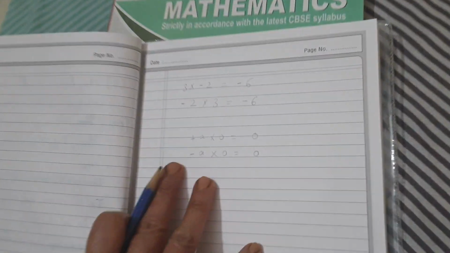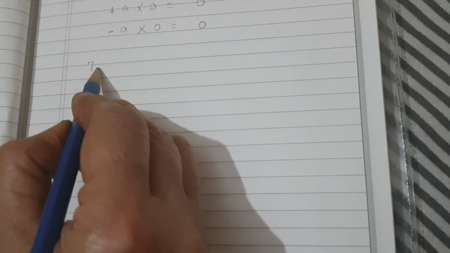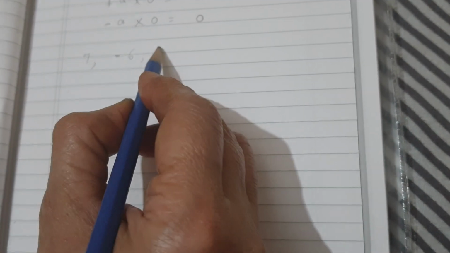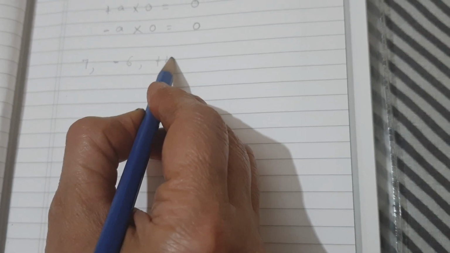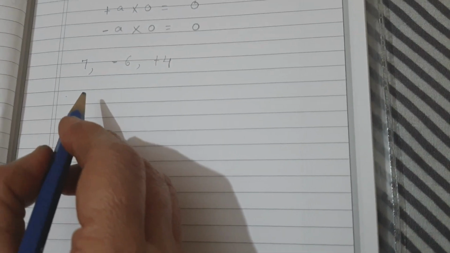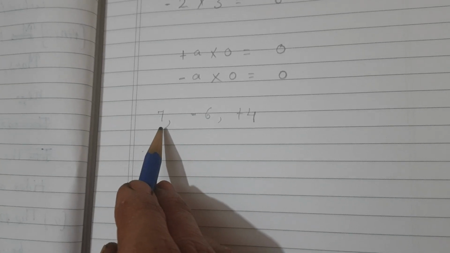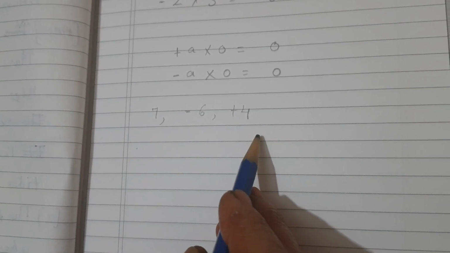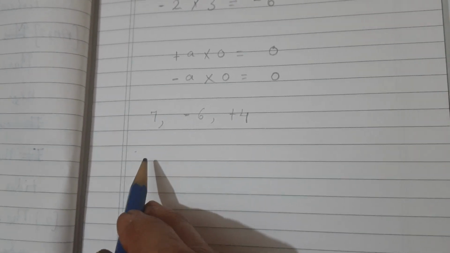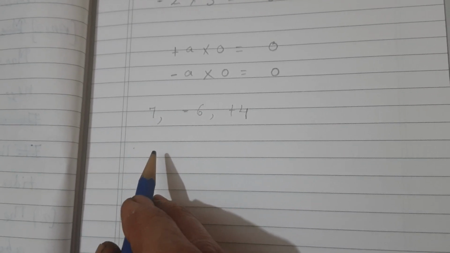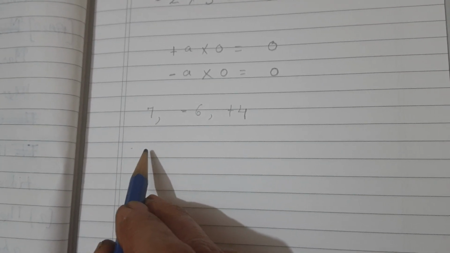For example, we have three integers plus 7, minus 6 and again plus 4. We have to multiply these three given integers. So we may do the multiplication in two or more than two ways.